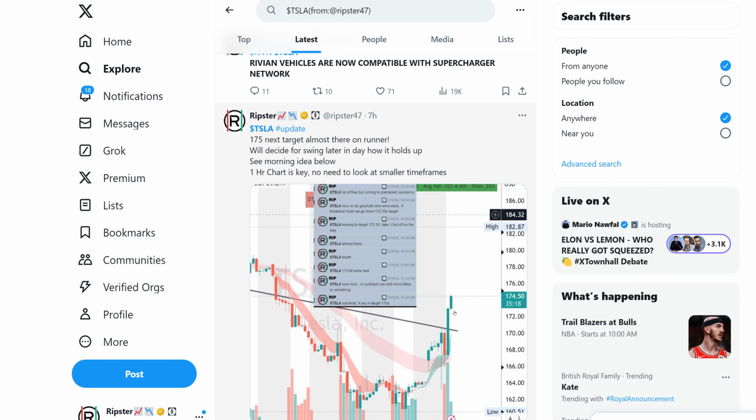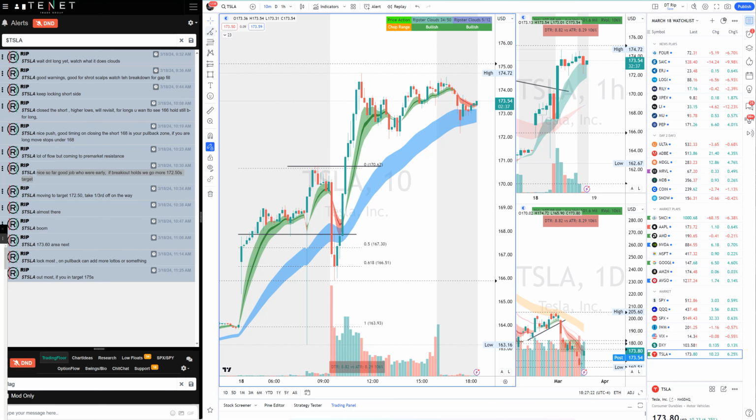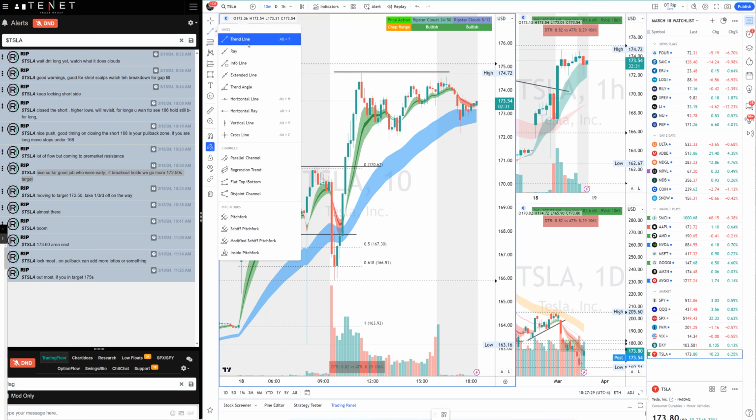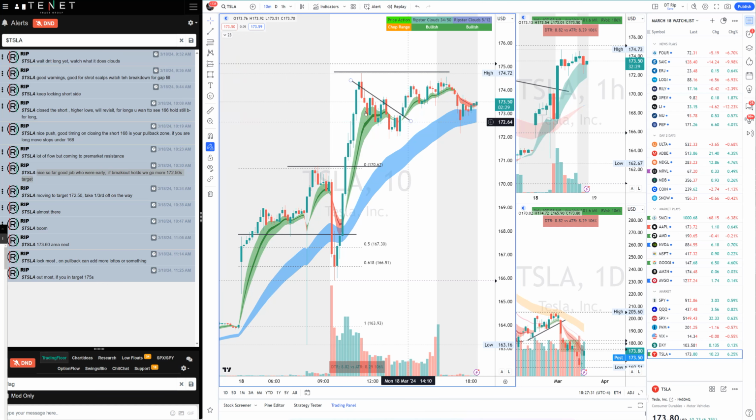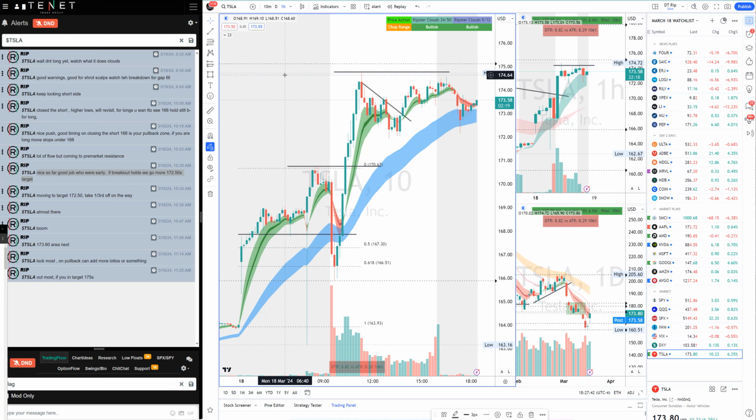And the target was 175. So we almost got to the 175 target, if you see. And this was a great trade. I closed most when it dipped under the 512s, although I would have loved to swing it. We'll watch it tomorrow to see what it does. 1 hour is still bullish, so definitely watching it.